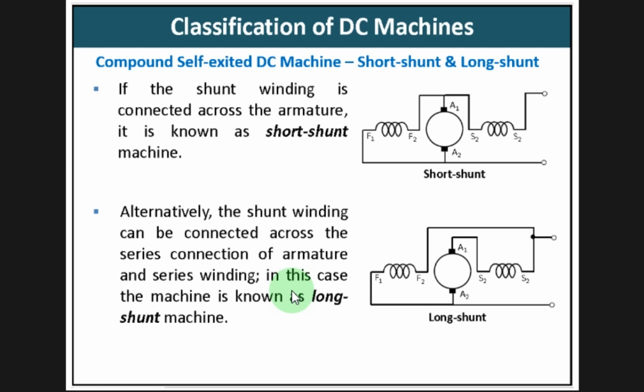Instead of the field winding, they have a permanent magnet in place, right? Those are also considered separately excited DC machines, because the field is independent of the armature current. So let's look at them.